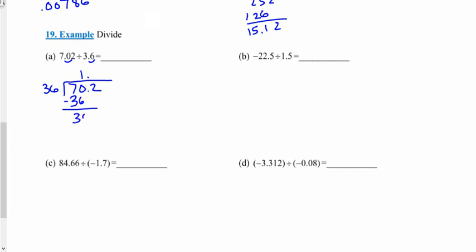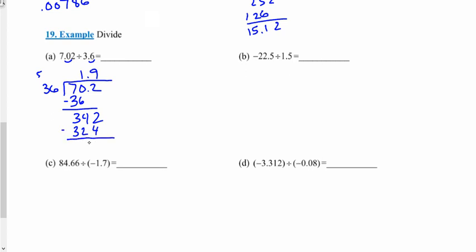That leaves me with 34, and then I would bring the next one down. So let's see, this is a pretty big one. It's almost 360, that would be 10 times, so my guess is 9. 54. 9 times 3 is 27, plus 5 makes 32. Okay.